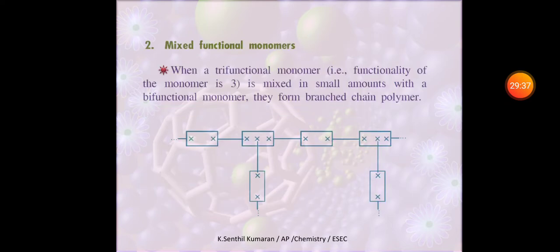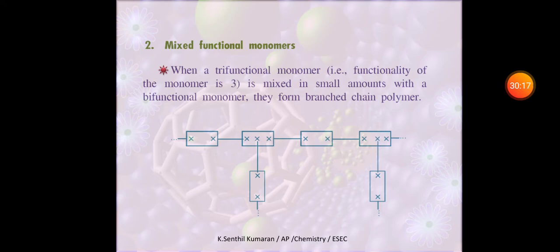Next, mixed functional monomers. When a trifunctional monomer is connected with small amounts of bifunctional monomer, it forms mixed functional monomers. Here it is not a linear chain, it is a cross-linked or branched chain structure.